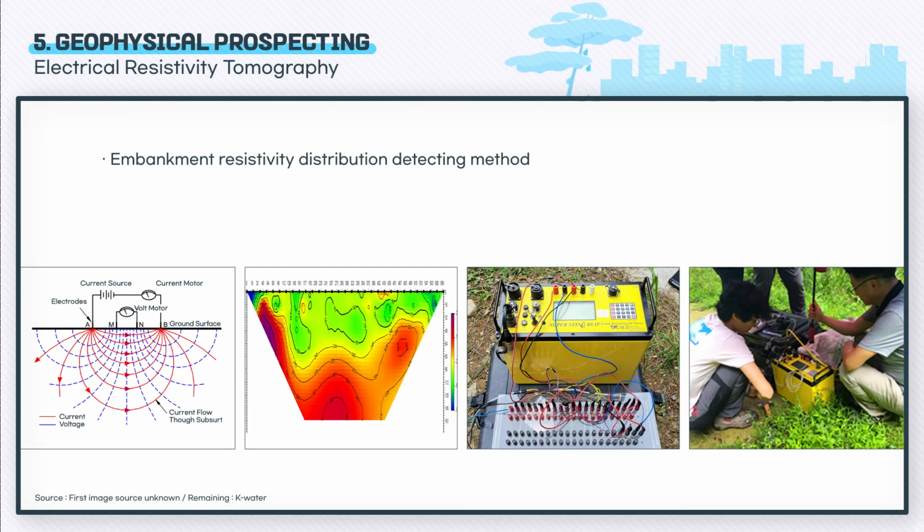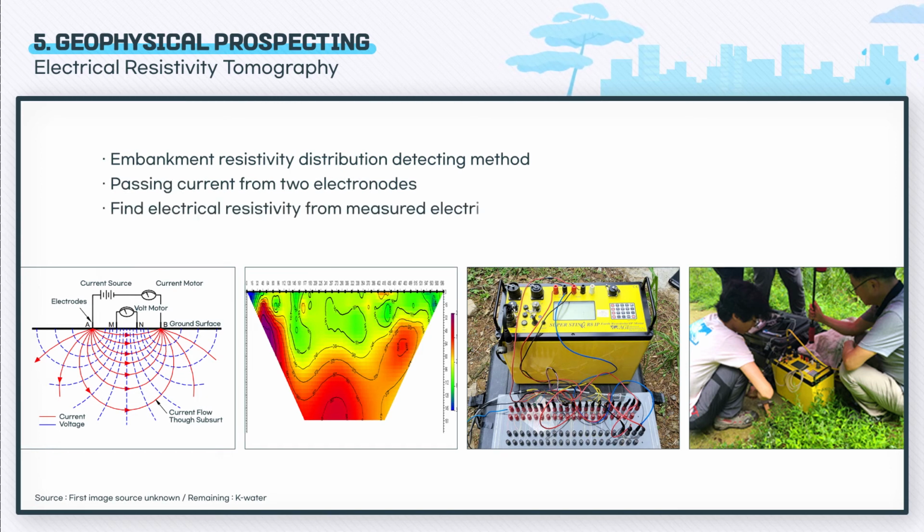The test method generally applied to determine the leakage of a dam body in an embankment dam is the electrical resistivity tomography method. It is easily applied since water has low electrical resistance. Two electrodes are installed in the dam body to apply the current, and when the potential difference between the electrodes is measured, the resistance can be calculated by a formula, and an electric potential distribution graph may be drawn.